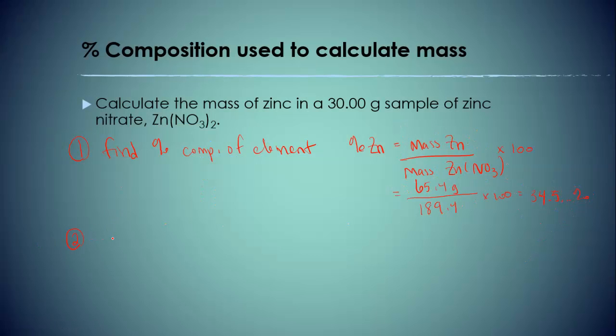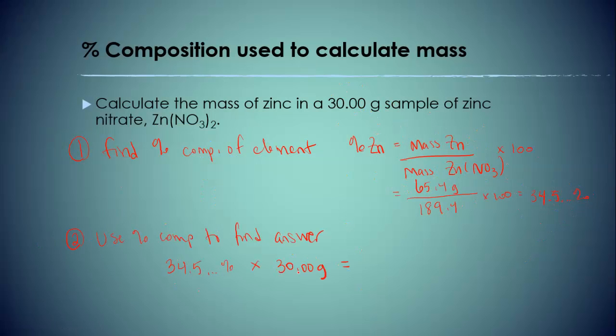The second thing that we're going to do is use the percent composition to find our answer. And how are we going to do that? Well, if we have 30 grams of this sample, 34.5% of whatever we have will be zinc, no matter how many grams it is. So we are going to take that 34.5 and other numbers percent, and we're going to multiply it by 30 grams.